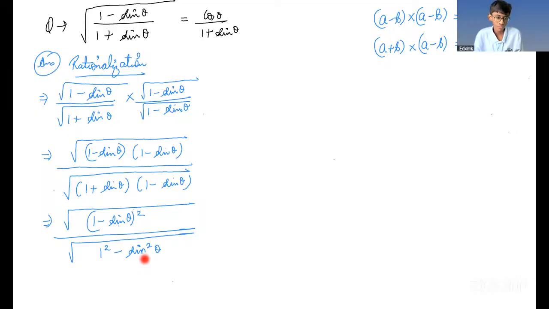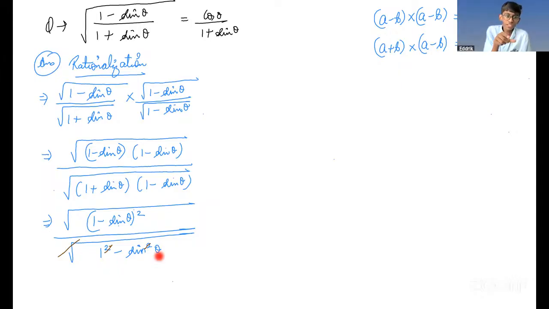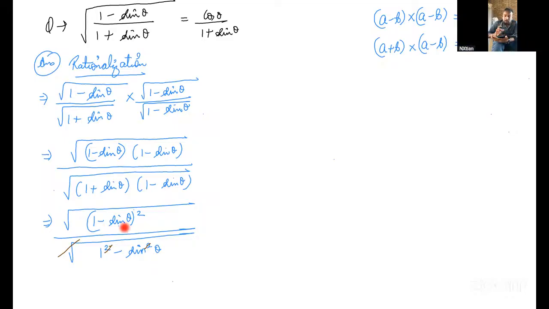Now, many students make this mistake that they cut this square with this. No, you can't cut it. You can't cut this because there are two terms there, 1 and sine theta.